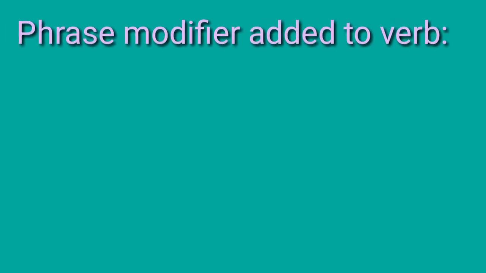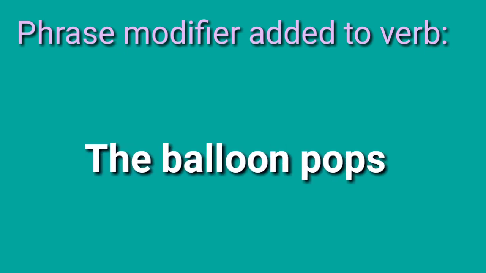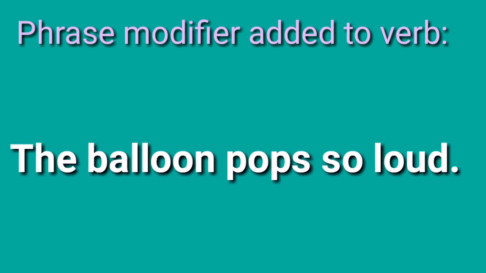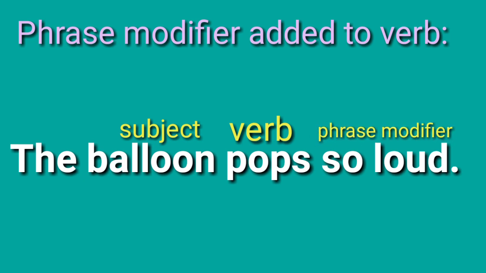This time, let's have a phrase modifier added to verb. The balloon pops so loud. Our subject here, balloon, pops is our verb. So loud is a phrase that modifies our verb pops.